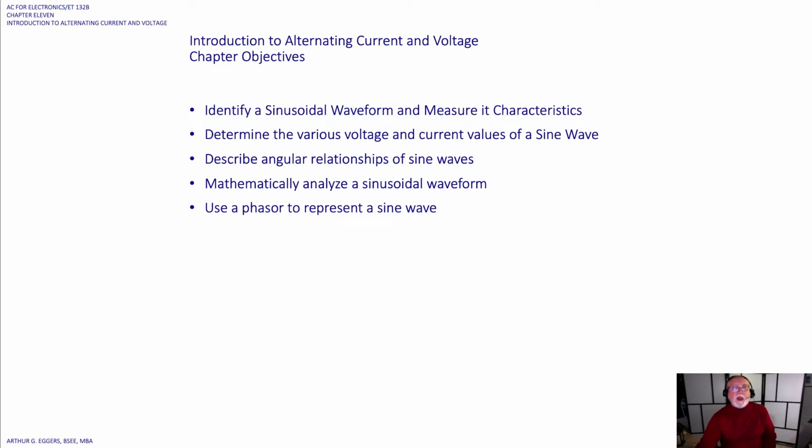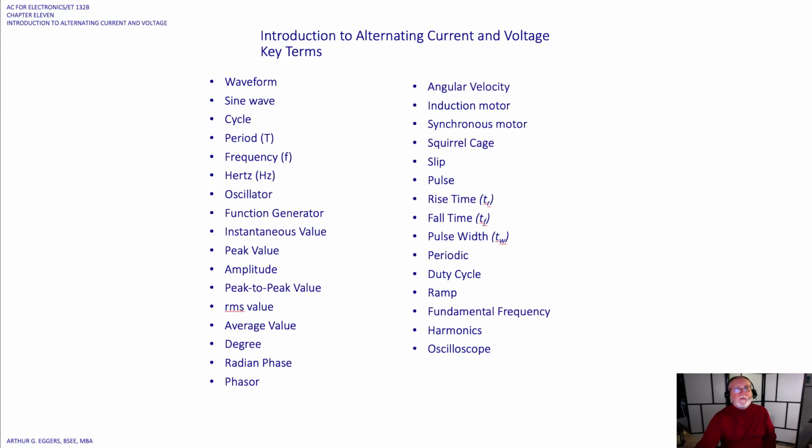Again, hopefully you had the phasor or vector relationships in your ET111 course. A lot of new terms that you have to become familiar with. What I suggest you do is take a look at this slide and get your notebook out and write down all of these terms and identify what these terms mean in your notebook.